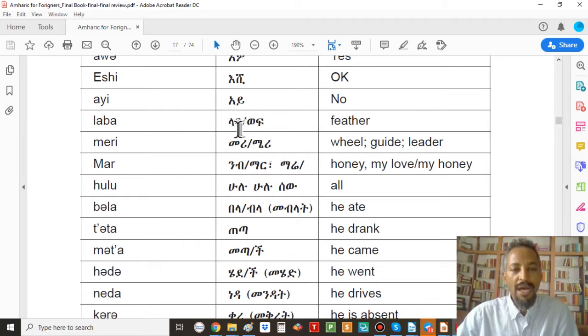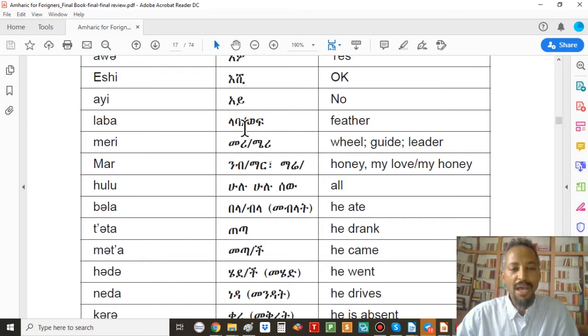La ba. Not the French là-bas there. Again, if you are a French speaker, it sounds exactly the same as a phrase in your language, which means there is là-bas, over there.